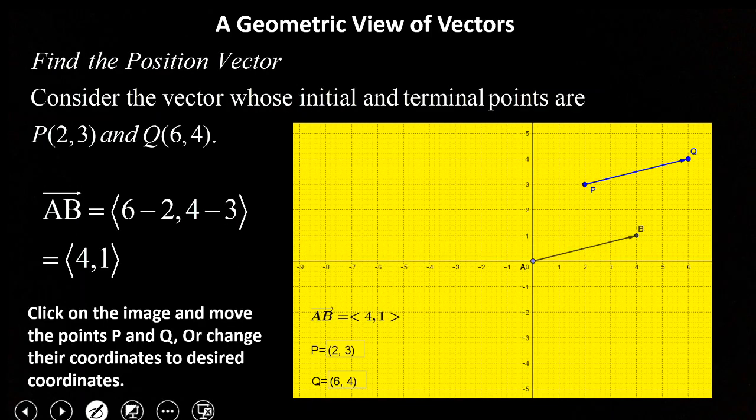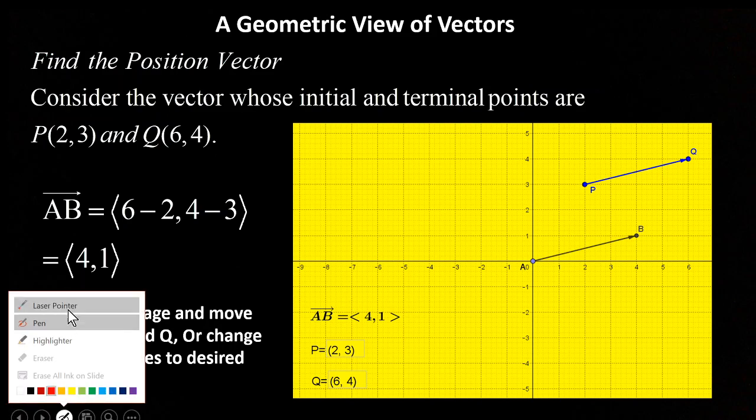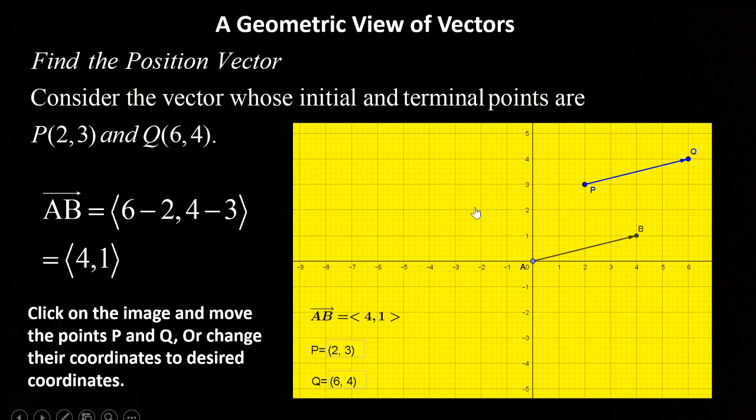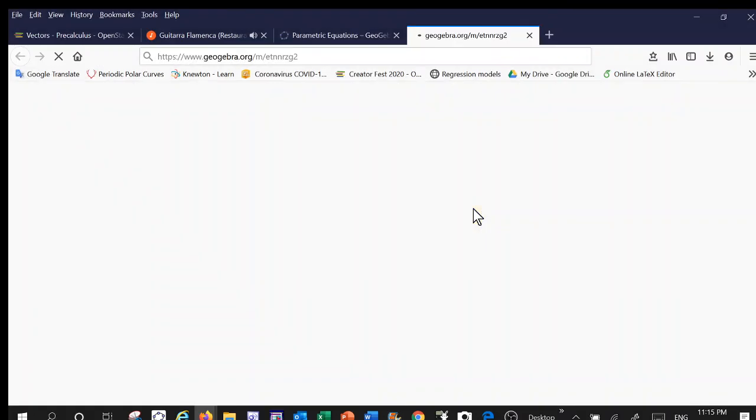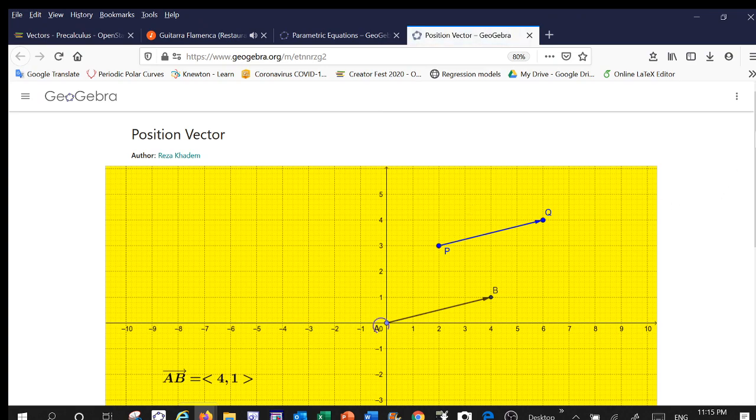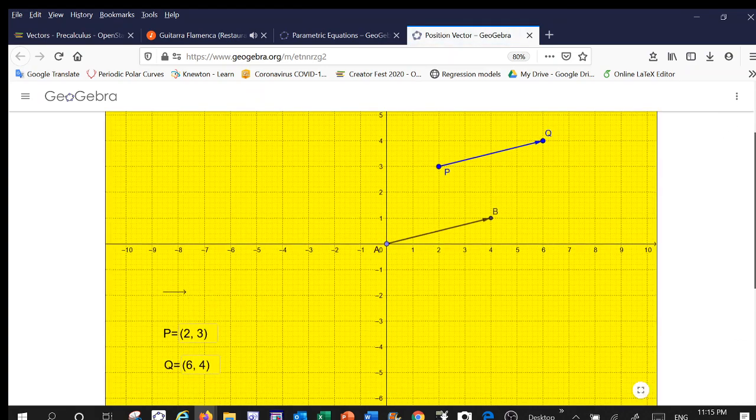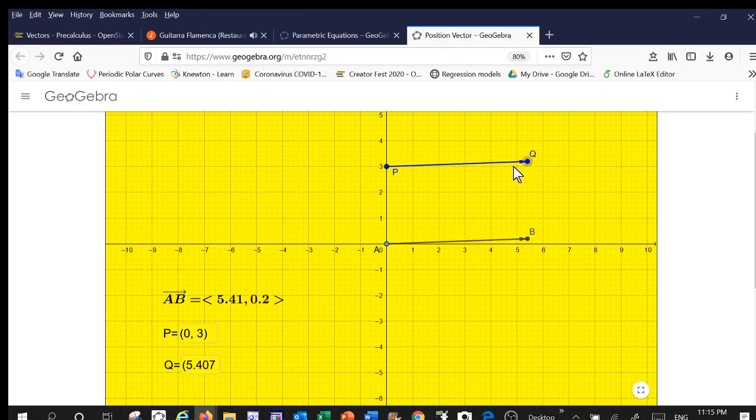So here's an example. Let me get rid of my pen so I can click on this. Here we can change these vectors. I can change the initial point anywhere, and the terminal point anywhere, and you see that vector right there is the standard position of the same vector.